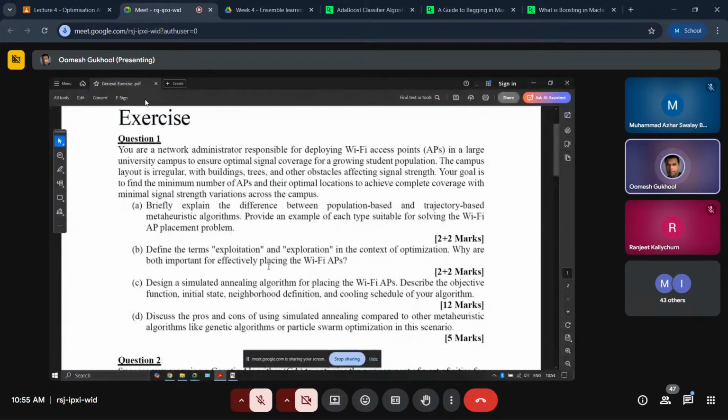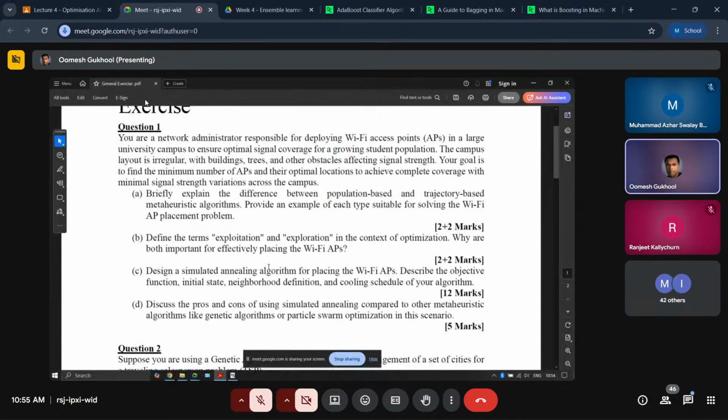So question number 1. Here, design a simulated annealing, part 3, and you see that it's asking you for objective functions. I've done it in two phases. I've written the algorithm and added the objective function, the initial state, the neighborhood definition.